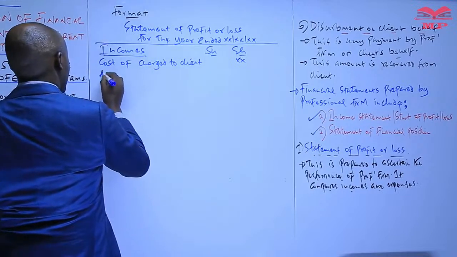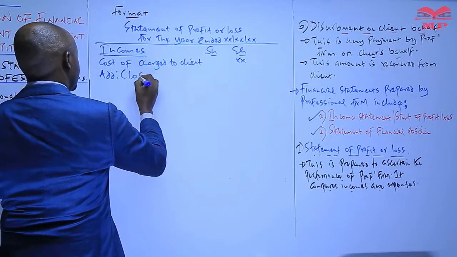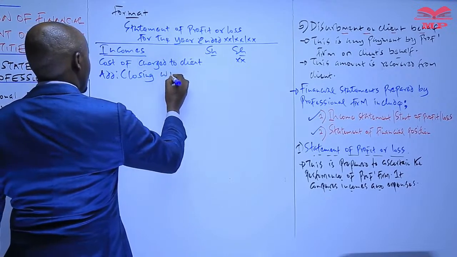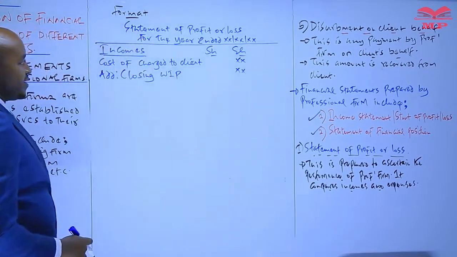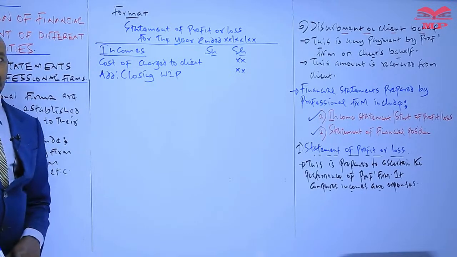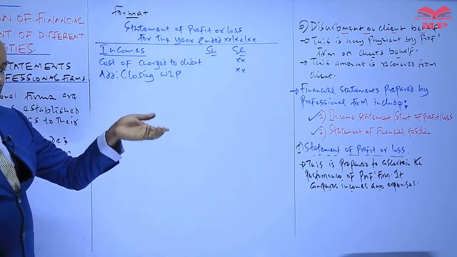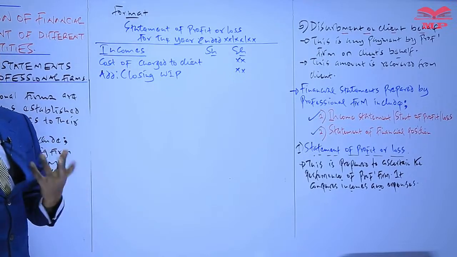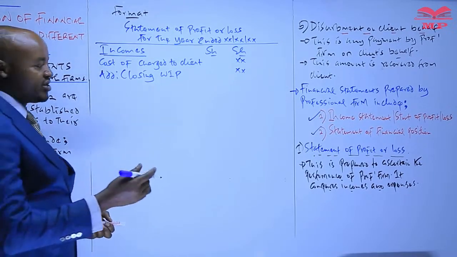And then to this, there is something which we add here, which is known as the closing work in progress. Closing work in progress is like the accrued income at the end of the year. These are those particular services which have been provided when the year is coming to an end, but because those services are not fully completed, the client has not paid. This is like an accrued income at the end of the year.